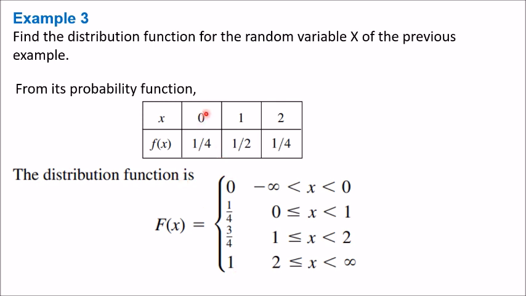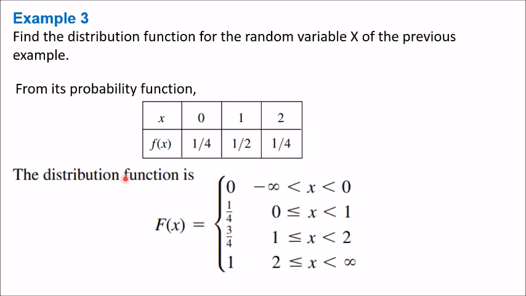We will start at 0. Okay, 0. And then next is the first probability, which is 1/4. And then next, i-plus natin yung 1/2. 1/4 plus 1/2, and that's 3/4. Next, 3/4 plus 1/4, that's 1.